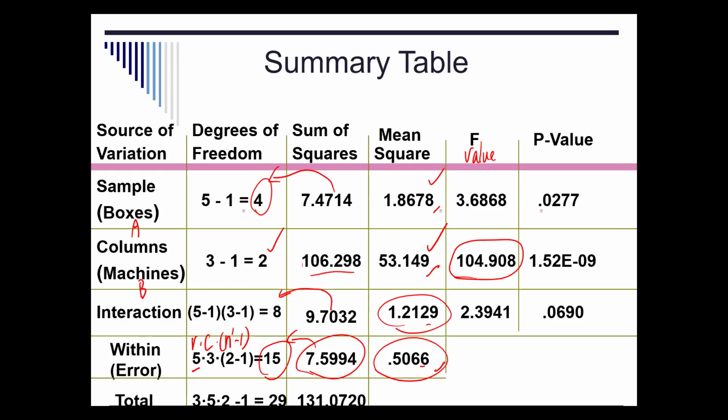Test statistic F values. And then with the given P values, right? Again, if the P value is greater than alpha, alpha is 0.05, fail to reject H0.